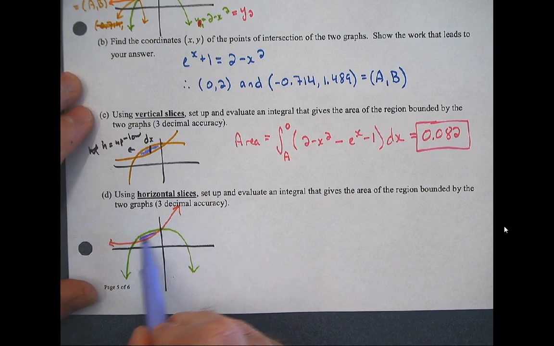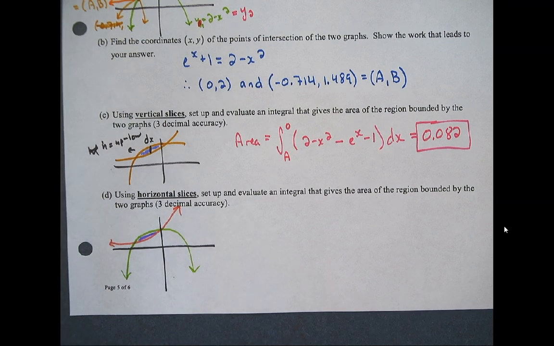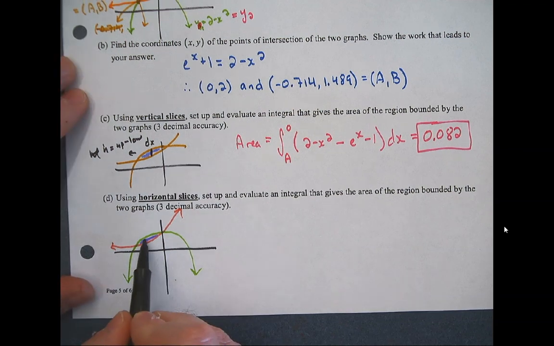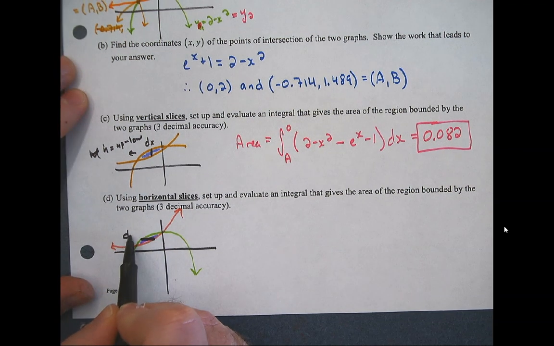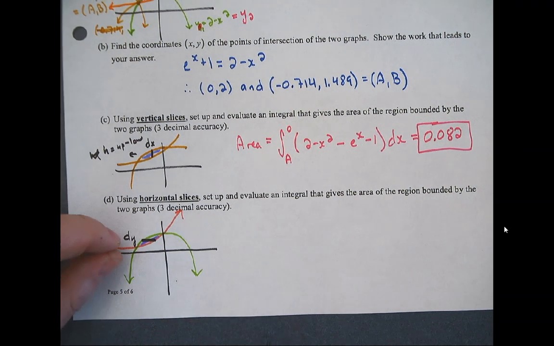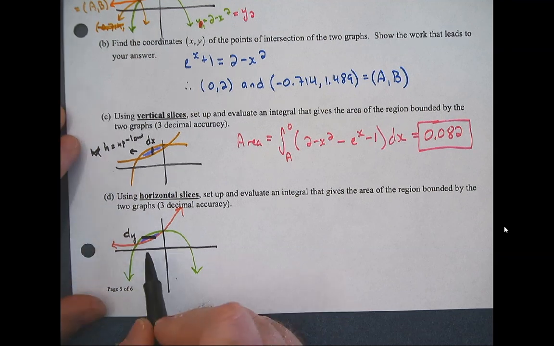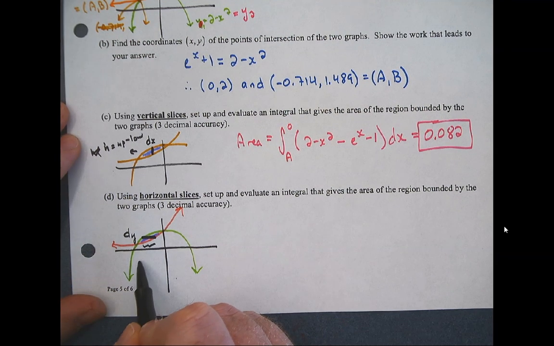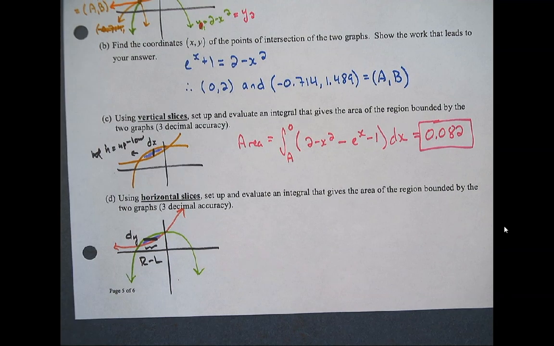This is my region. Okay, this time we're doing horizontal slices. So this is going to be one of my rectangles. That's going to have a height of dy. And then the width is going to be right minus left. So the further right, the further left.